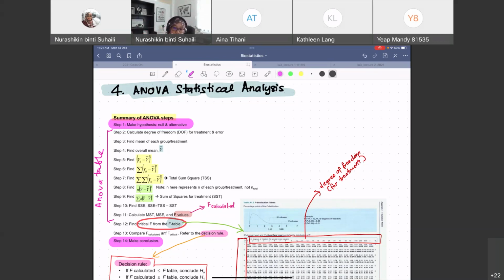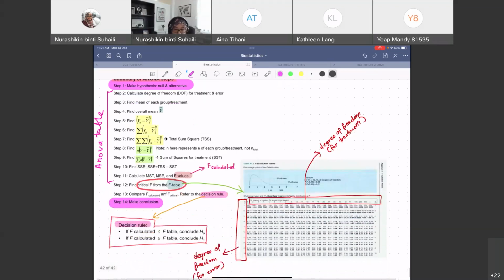You calculate a parameter and you compare with the value from the table. From there, you make a decision based on the decision rule. If the F calculated is less than the F table, you conclude the null hypothesis. If it's the other way around, you conclude the alternative hypothesis. So that is the decision.